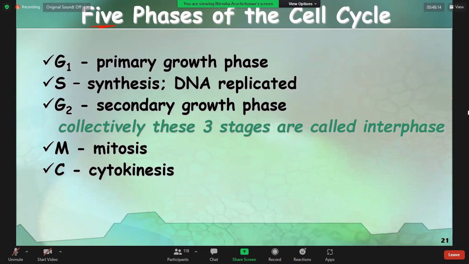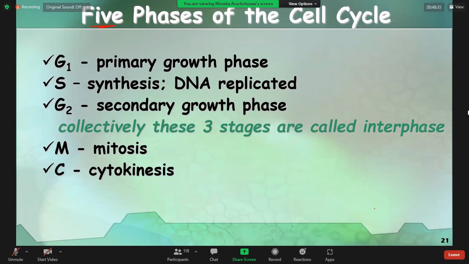Remember cytokinesis. If you say two main phases, you can say interphase and M phase, but it's clearer when you list five phases: G1, S, G2 as interphase, and M phase and C phase.